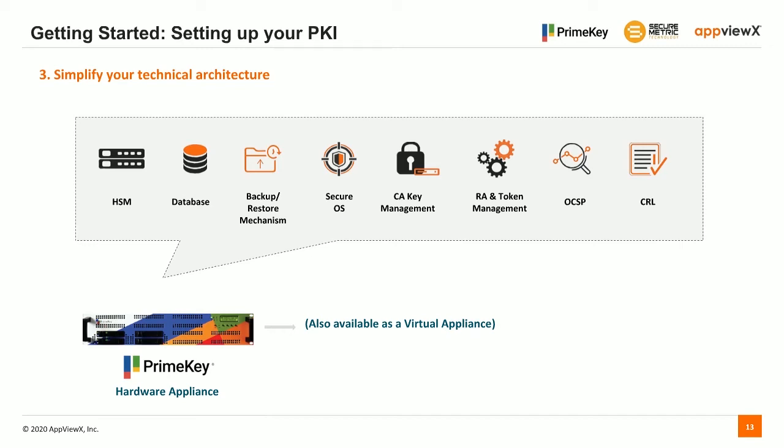What you'd be doing is deploying appliances instead of individual servers, OS, databases and such. These appliances are also available as a virtual appliance, which you could then deploy on your VMware ESXi host, for example. And this really simplifies your deployments.